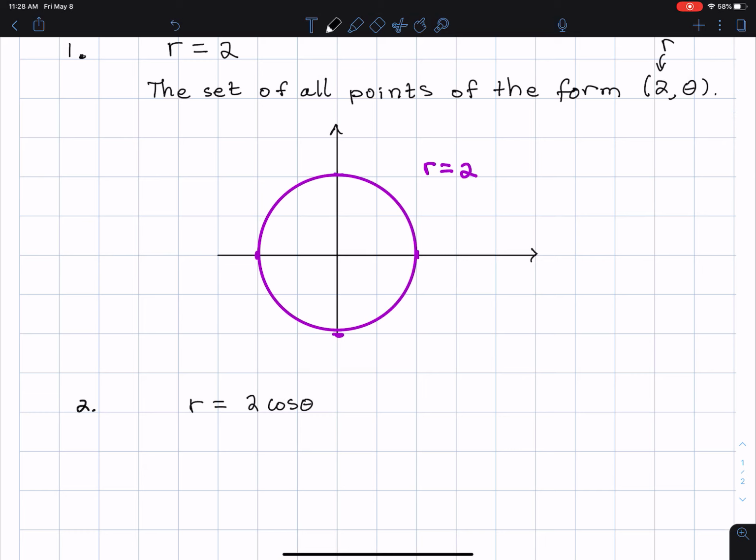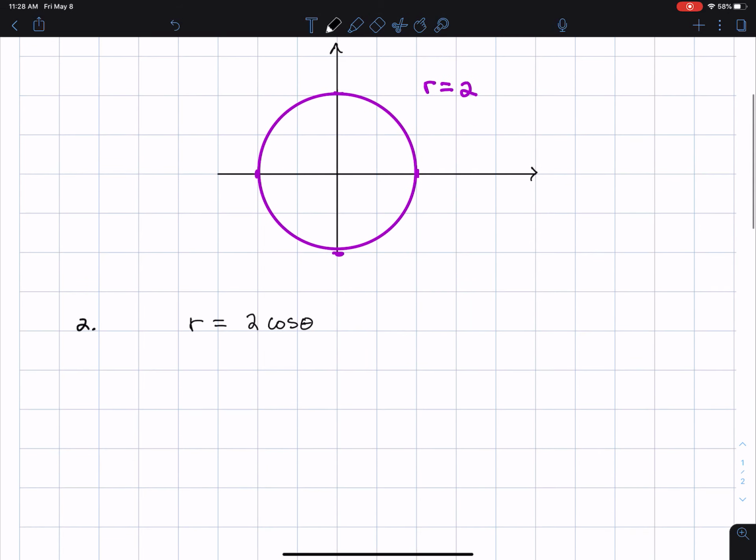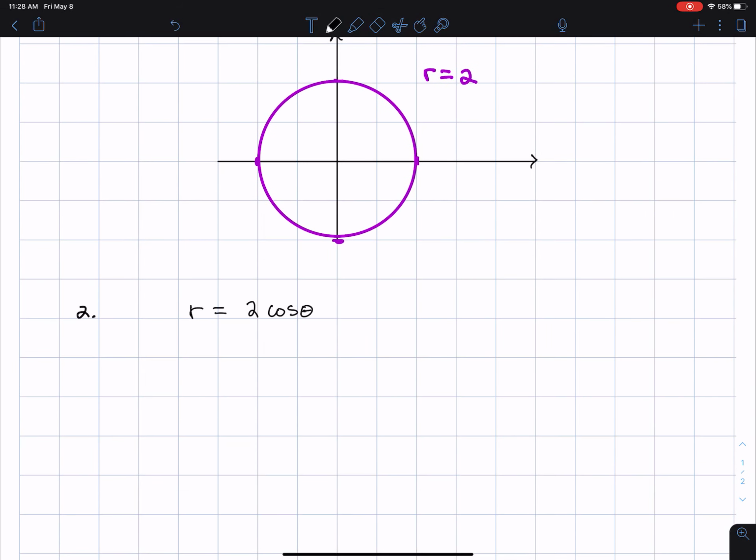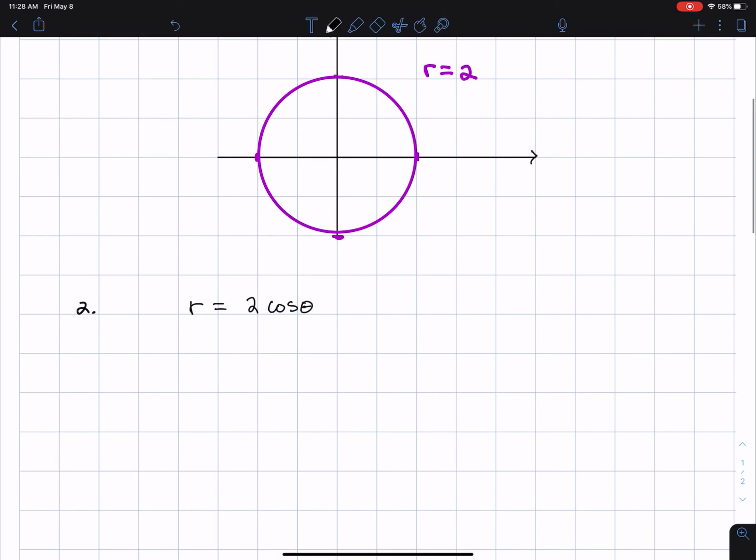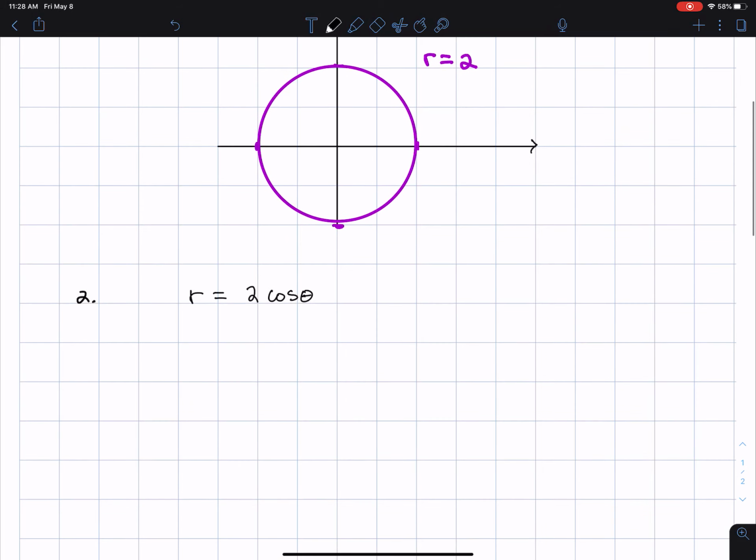Now, one way to look at this is that you could think of this as a one-leaf rose. The coefficient of theta is 1, so it's going to have one leaf. But actually, it turns out to be a circle. The one leaf, the petal, ends up being the shape of a circle.